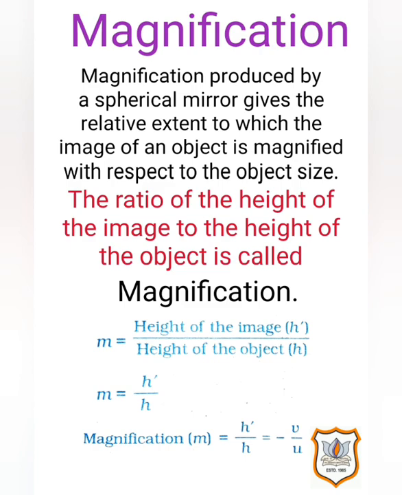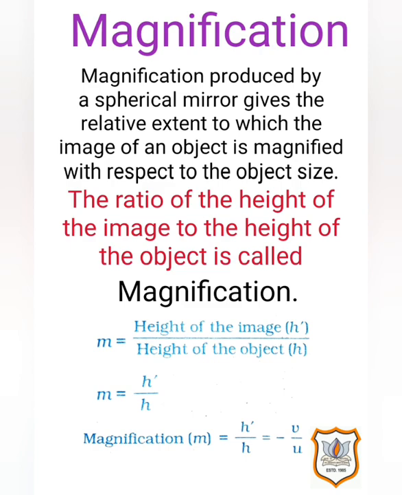It is usually represented by the letter small m. If h is the height of the object and h' is the height of the image, then the magnification m produced by a spherical mirror is given by m is equal to the height of the image, h', upon the height of the object, h.